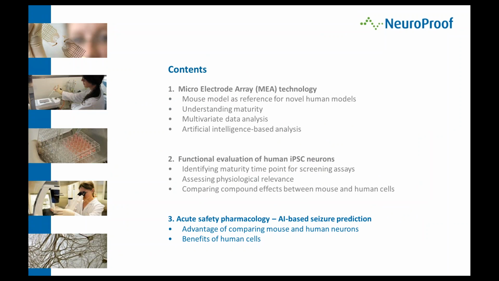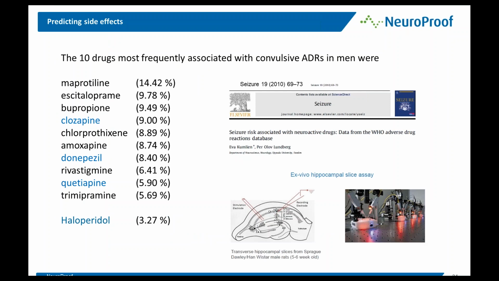Coming from this characterization now to the application on seizure prediction, I start with the problem, and that is seizure liability of standard of care drugs at the market. And there's this paper from Kumlian and Lundbeck who have described the seizure liability and adverse drug reactions.